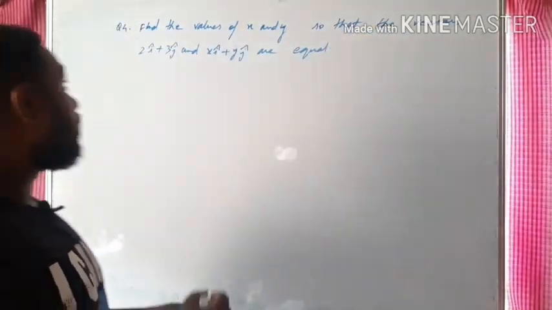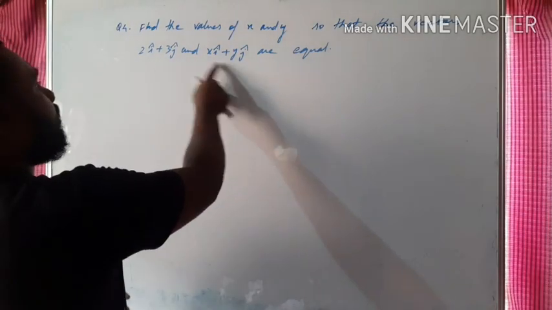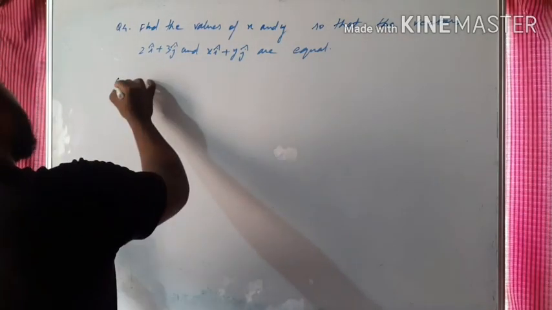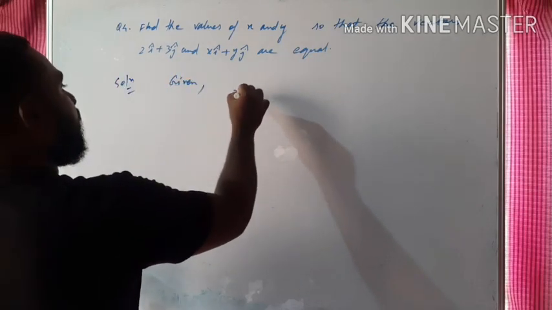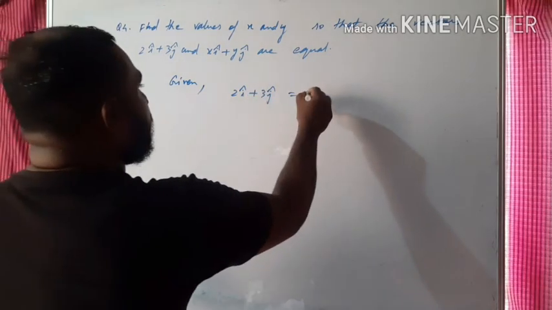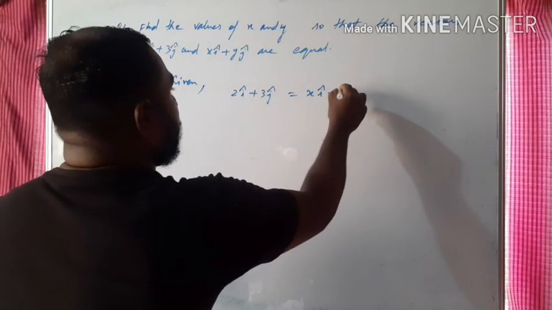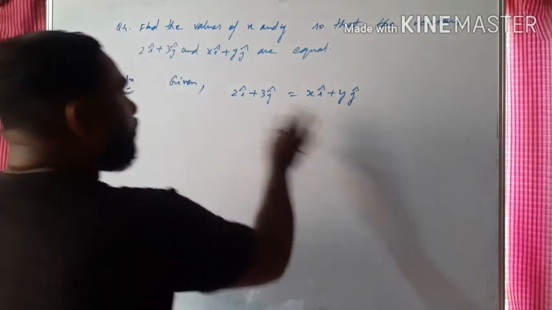The next question is: find the values of x and y so that the vectors are equal. It's given that 2i plus 3j is equal to xi plus yj. So they are equal, it's given.